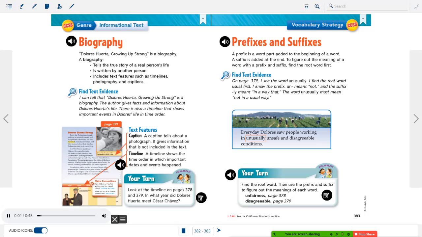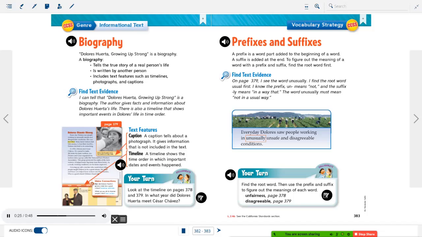Prefixes and suffixes. A prefix is a word part added to the beginning of a word. A suffix is added at the end. To figure out the meaning of a word with a prefix and suffix, find the root word first. Find text evidence. On page 379, I see the word unusually.